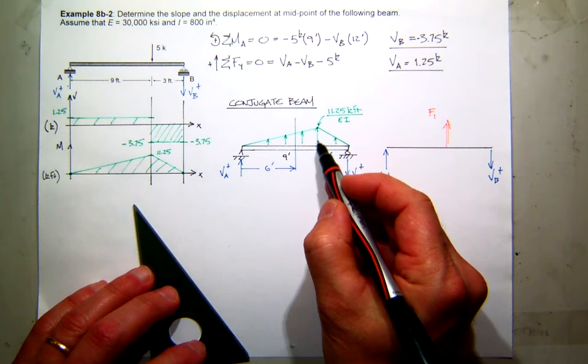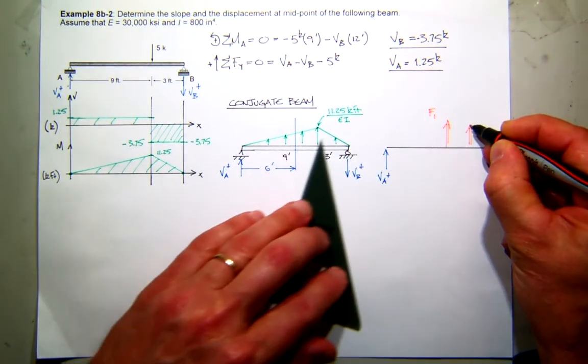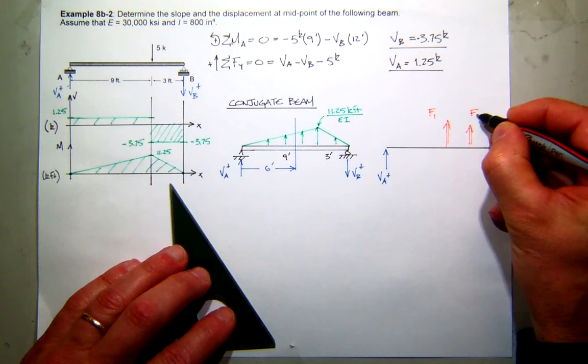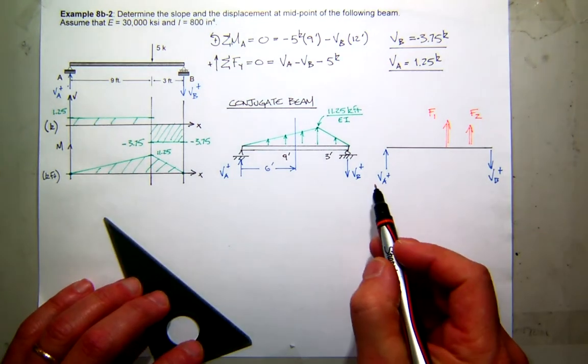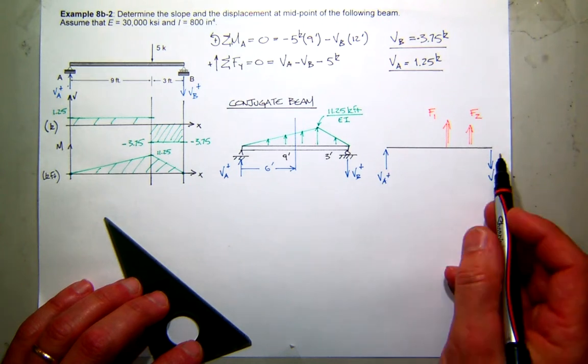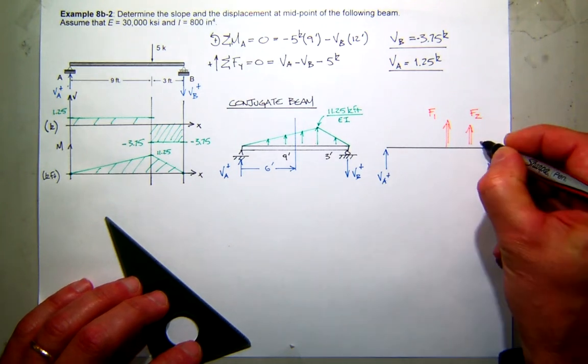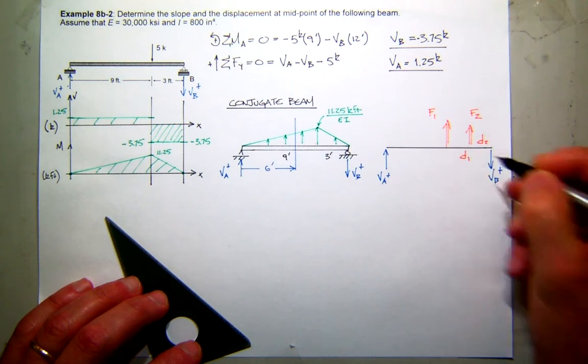And the other little triangular piece here, I'm going to call force 2. I know I want shear at A, so I'm probably going to sum moments at B, so I'm going to look at my distances to my forces this way.